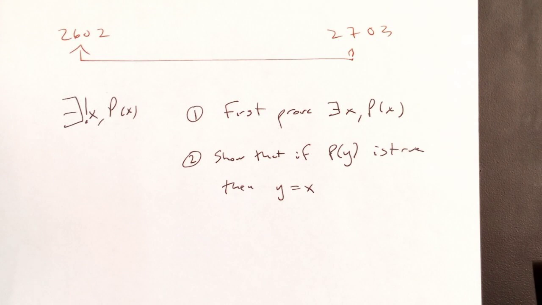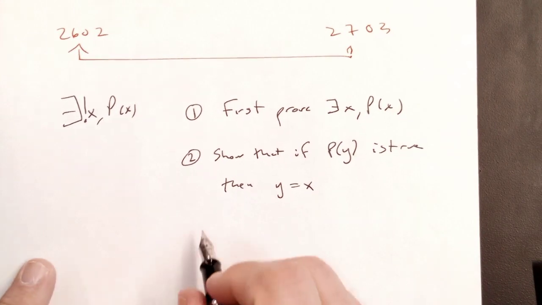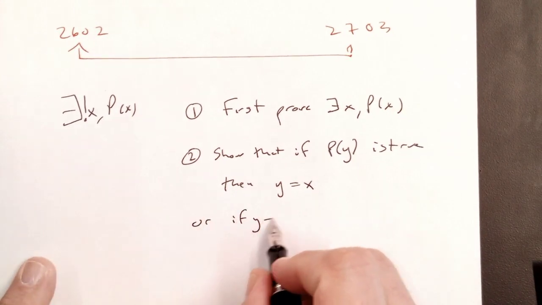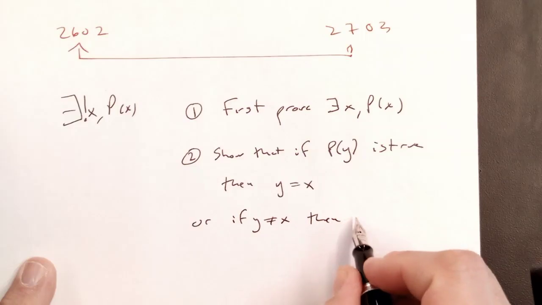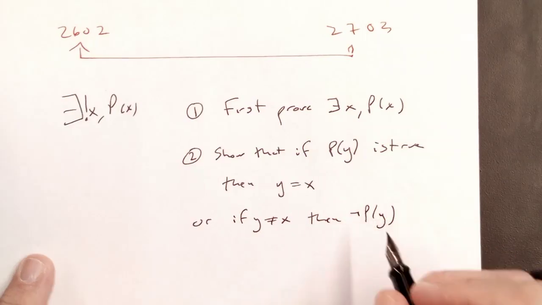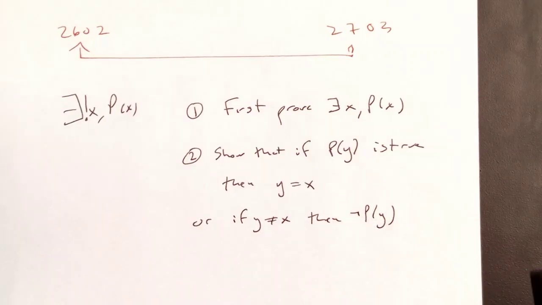It is also possible to prove this by showing if you pick any other number, it's not going to work. That's the contrapositive statement. That would be an indirect part two, wouldn't it?